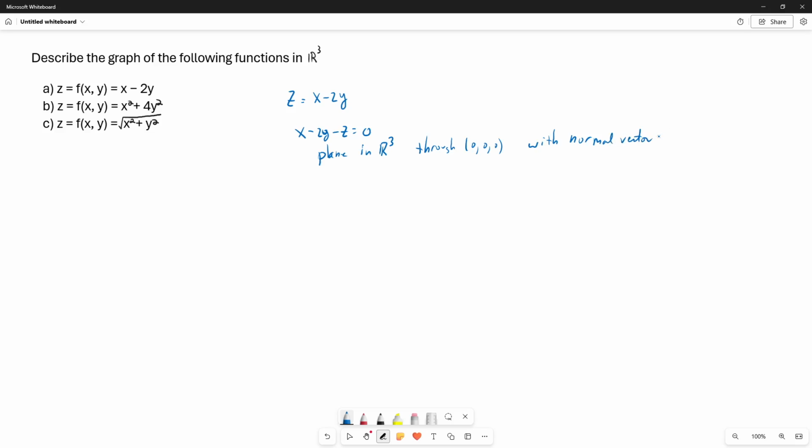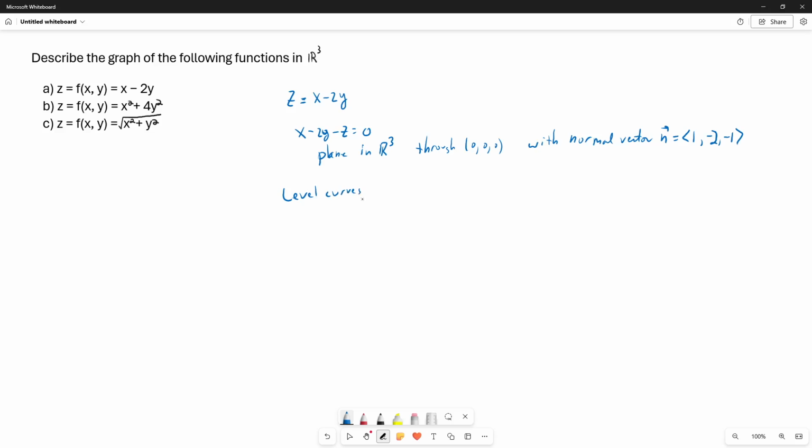And we can visualize this plane. There's our normal vector. We can visualize this plane with the use of level curves.